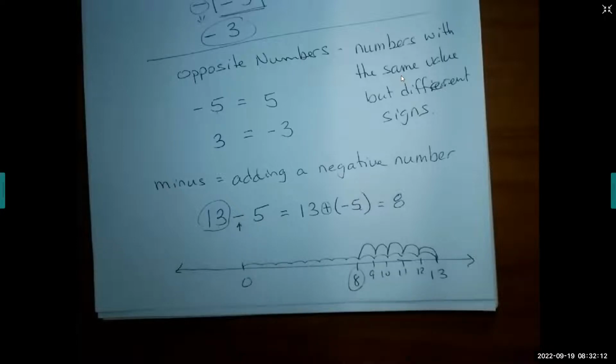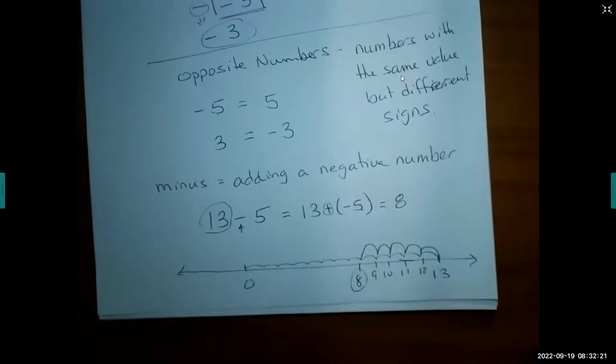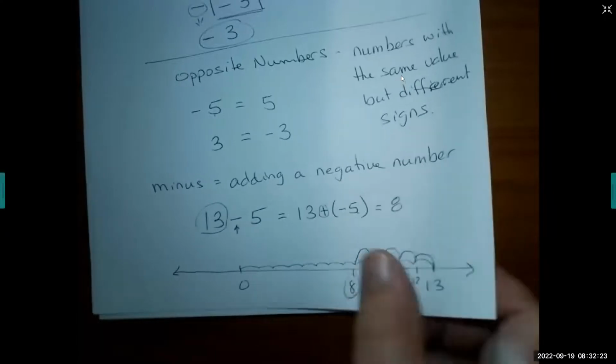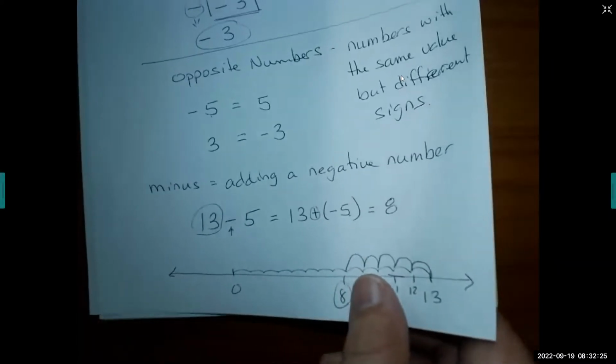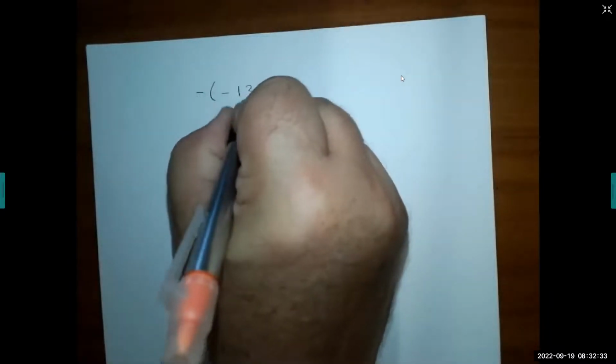That's what it means. Or get 13 apples and put back 5 of them. It all means the same. It just means the opposite. Instead of taking, I'm putting back. What number is that?